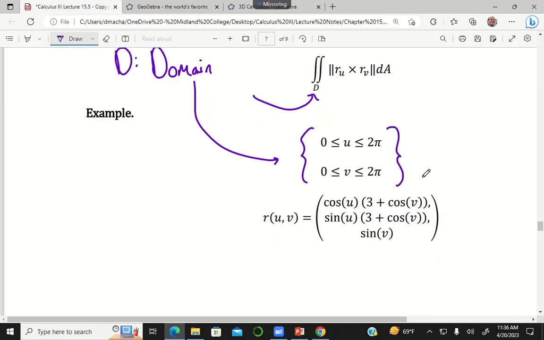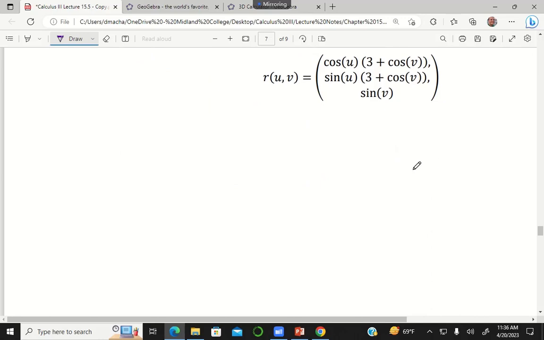So let's try to do this. The first thing is I need to take the partial derivative with respect to u, and that's going to be a 3D vector. So the partial derivative of x with respect to u is going to be not cosine, but negative sine. And then we pretend that v is a constant, so I don't actually have to do anything to that second part. That's all a constant.